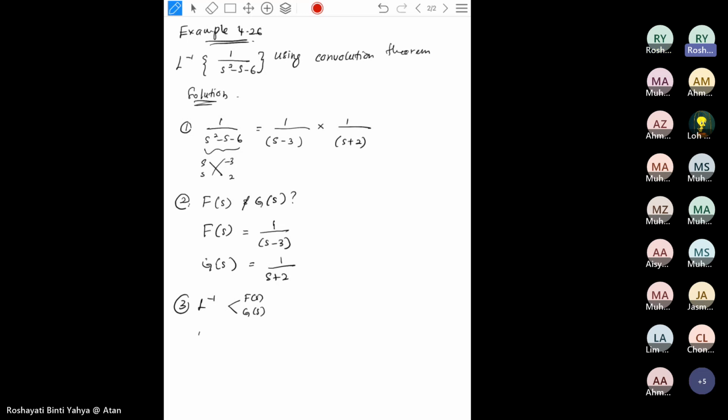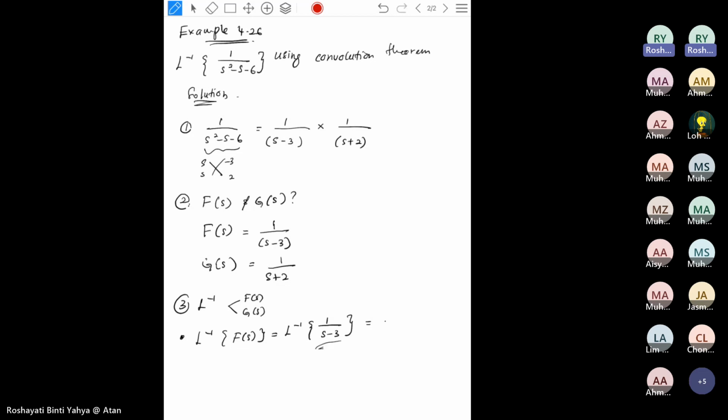So the inverse Laplace transform of F(s) equals the inverse Laplace transform of 1 over s minus 3. What will we get? Do you remember?